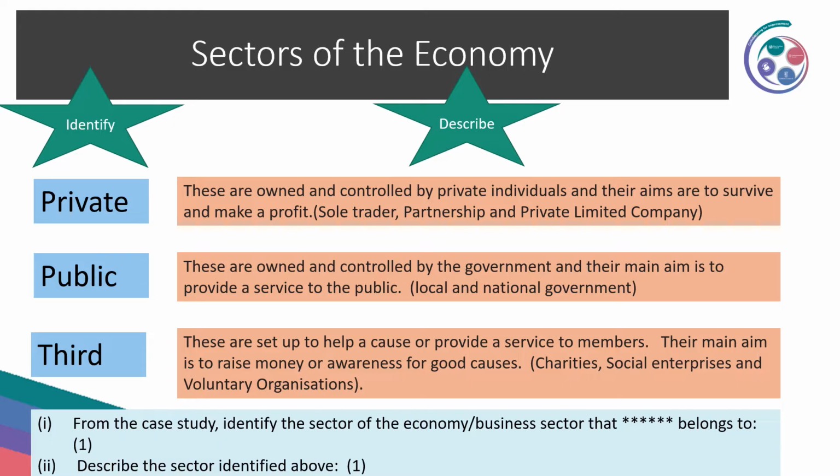Often quite common in the exam would be then to get a further mark for describing the sector, in which you would answer the ones up in the pink writing. We're not going to do that question because we've not got the case study to look at. However, that's just to give you some hints and tips as to what to watch out for.